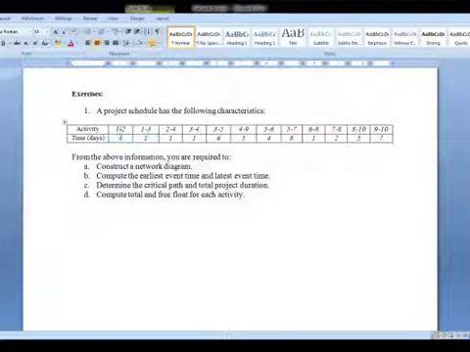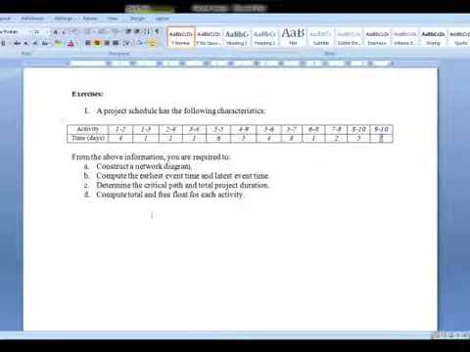For 1 to 2, this activity takes 4 days to complete. Activity 1 to 3 requires 1 day, 2 to 4 1 day. Similarly 3 to 5, this activity takes 6 days. So like that, so many activities are there and their respective times are given.